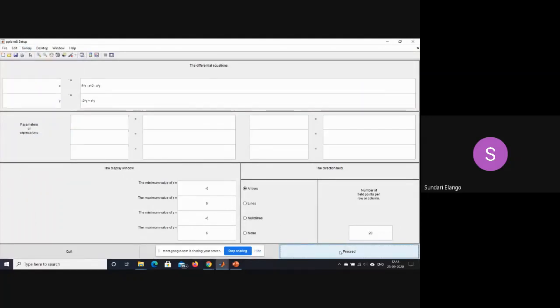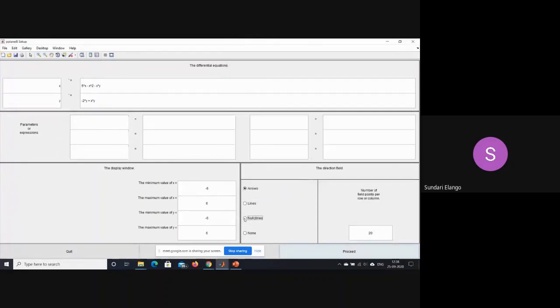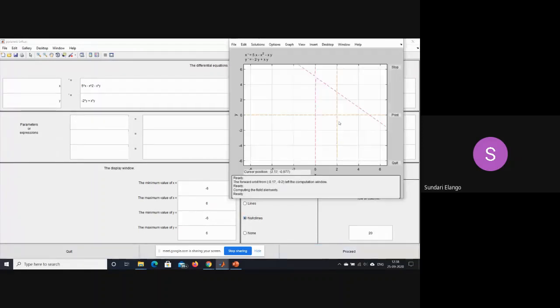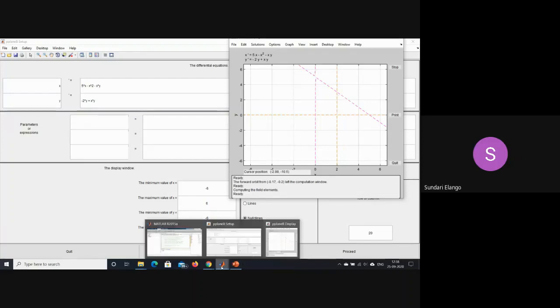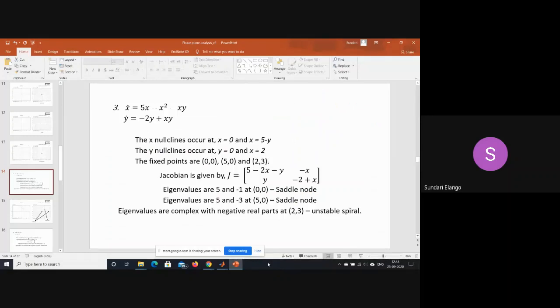This system does not have any parameters, and it has three fixed points, one at 0, 0, one at 5, 0, and one at 2, 3.